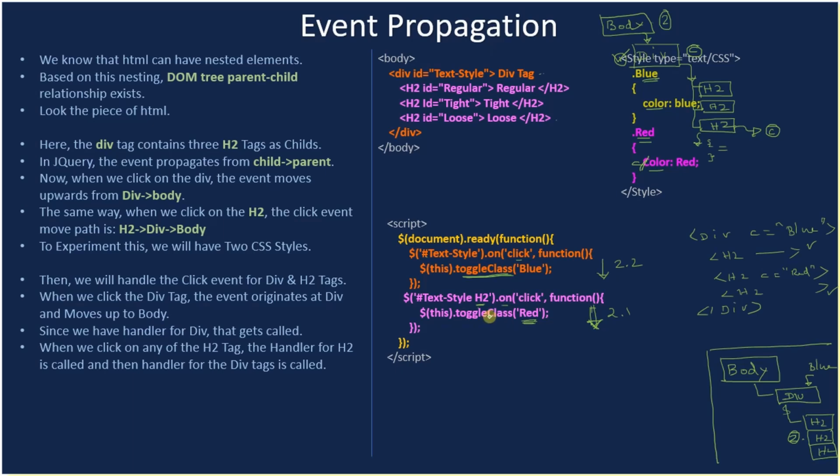Then the event is bubbled towards the top, that is the div tag, and we have a handler for that as well, so that will get called. Then the event bubbles up and gets fired on the body, but we don't have any handler function for it, so that event is discarded.